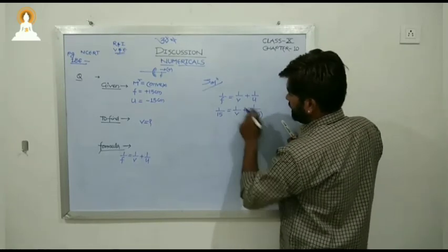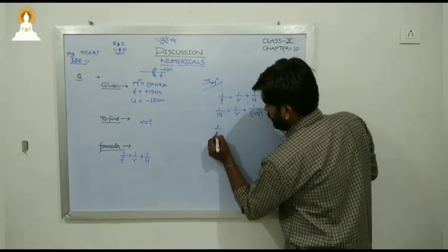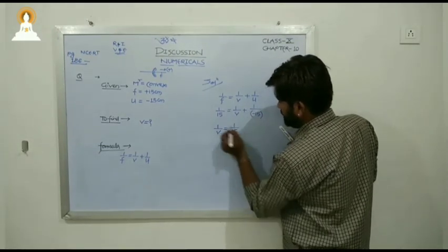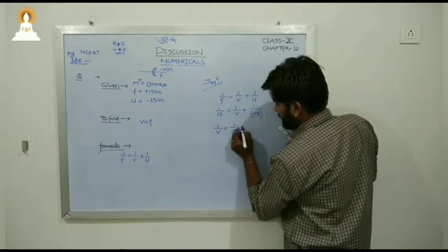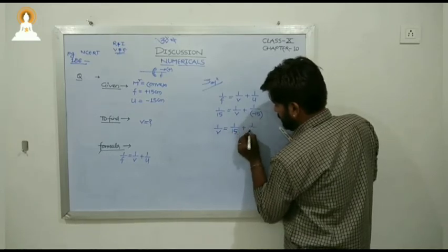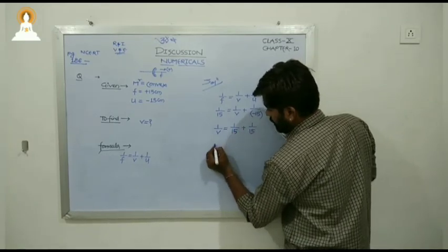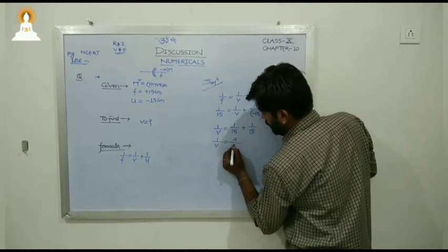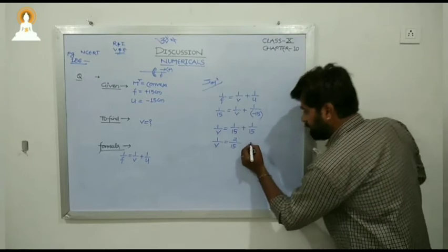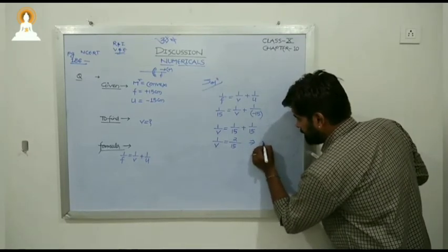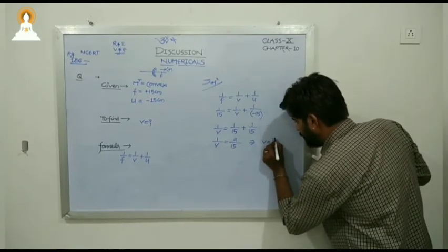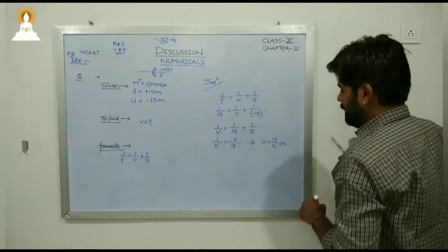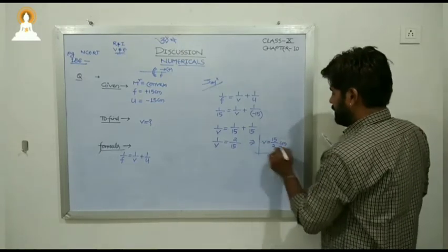If I take it to that side, 1 upon v will be equals to 1 upon 15 plus 1 upon 15. So from here 1 upon v will be equals to 2 upon 15. The LCM will be 15 itself, so from here v will be equals to 15 by 2 centimeter.